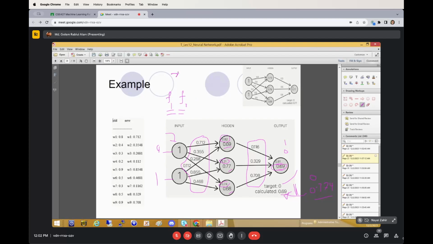That is, the input f1 times w1 plus f2 times w2. We also have a bias, that is plus b.